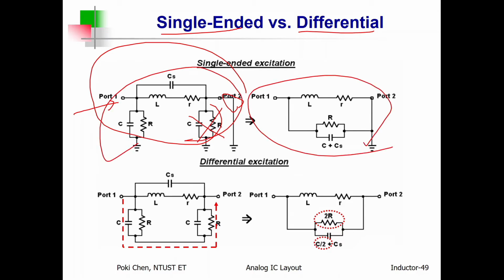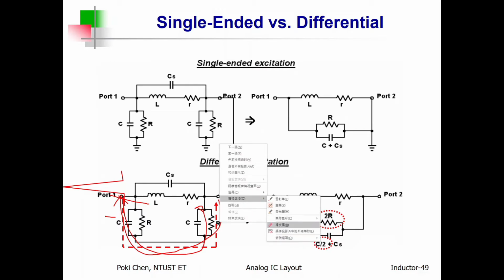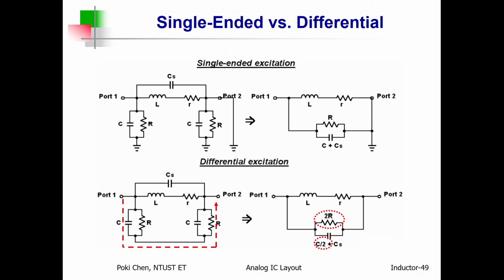And how about differential excitation? You have positive input here, negative input there, so you can see the current flow from here to there or reversely. It is up to the potentials, higher here or lower here.